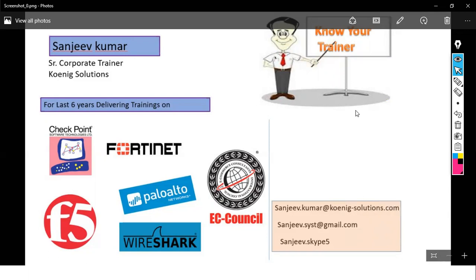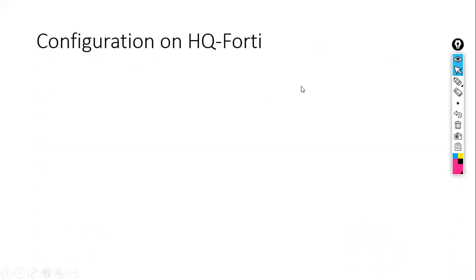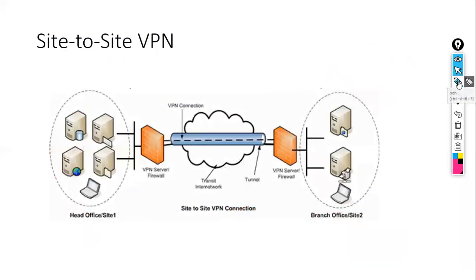Now in my Fortigate Firewall, this is the environment. You can see here that you have one subnet here and one branch office here, and we have two firewalls.